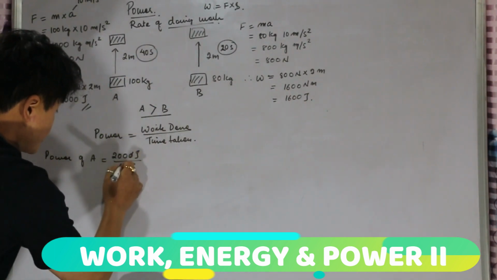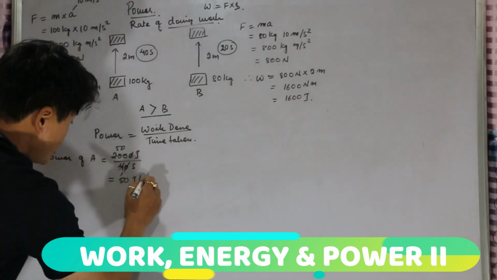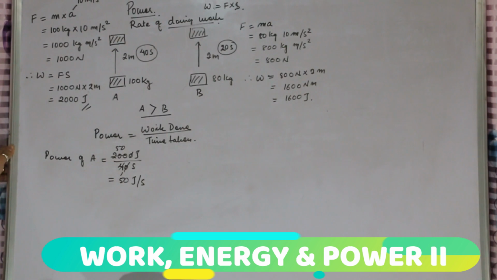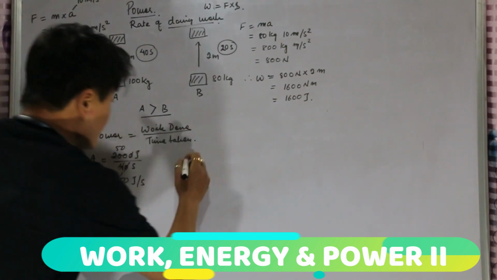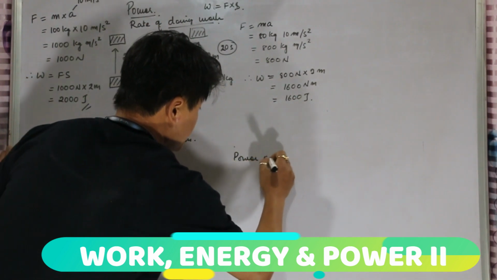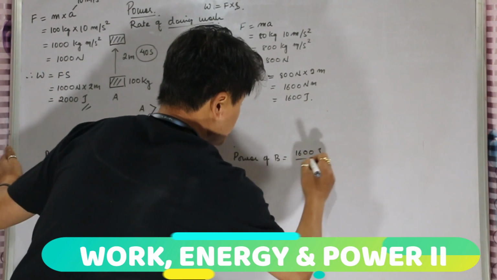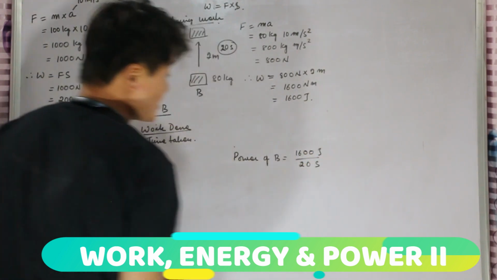So 0, 0 cancel, 4 1s are 4, 4 5s are 20, so it equals 50 joules per second. This is the power of A. And the power of B is equal to work done, 1600 joules, upon 20 seconds.